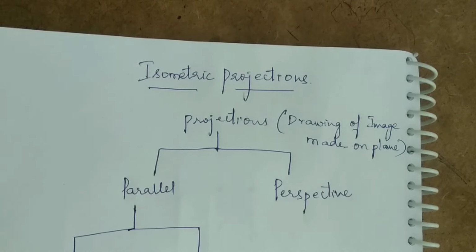Before starting, what do we see in a pictorial projection? We see a multi-view image of the object, where we are able to see its length, width and height, all three parameters, in one single vision.